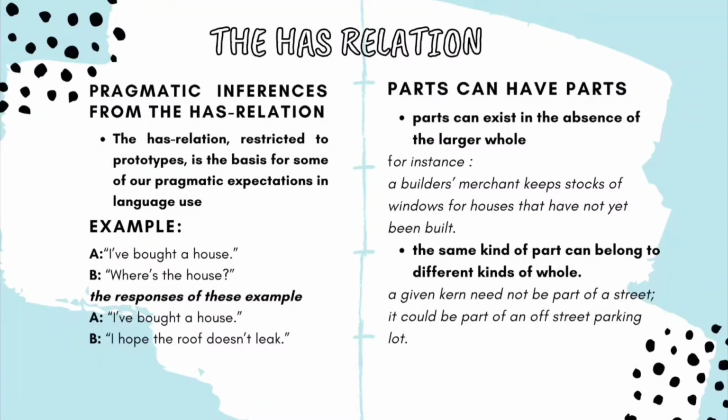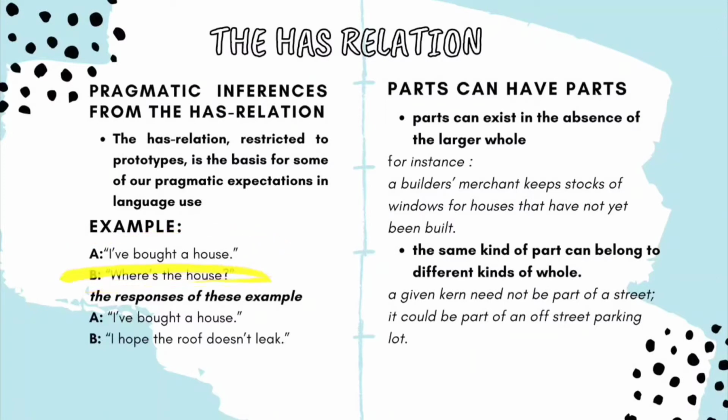But on second and subsequent mention of the something in the conversation, it will be referred to by means of a definite noun phrase, marked by, for example, the definite article the, as in the example, I've bought a house.